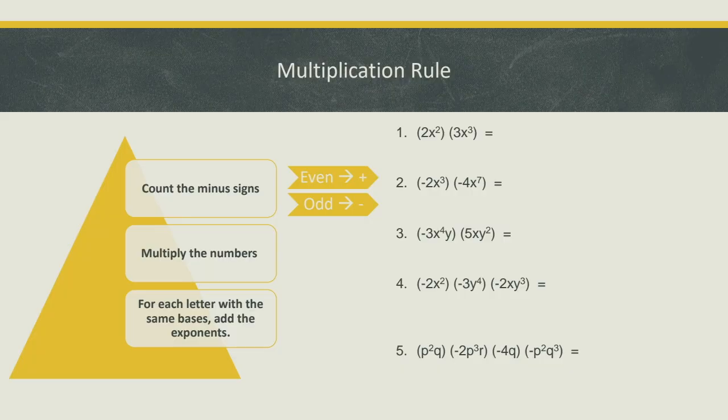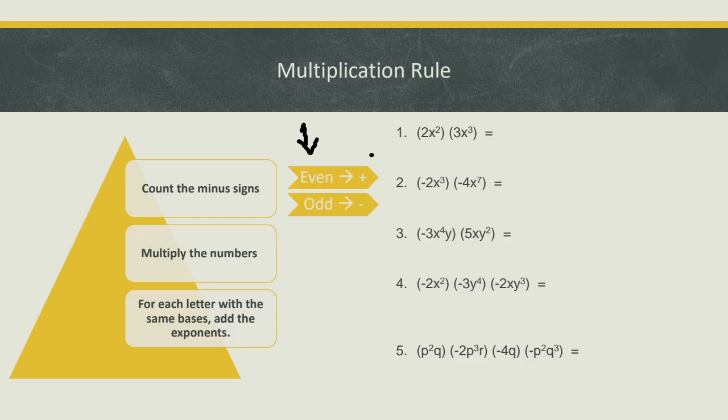So we want to count how many minus signs we have. If I have an even amount of minus signs, so 2, 4, 6, 8, 10, then my overall result will be positive. If I have an odd number of negatives, then my overall sign will be a negative sign.